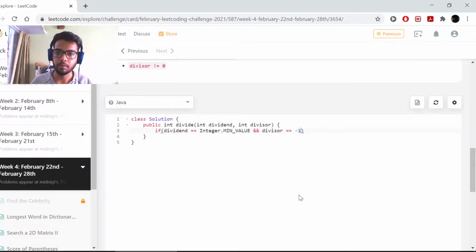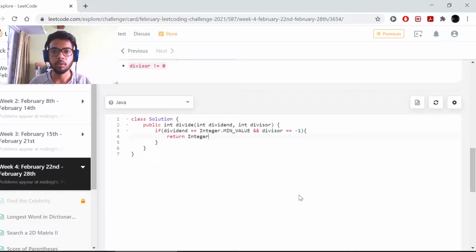If that happens, I will have a positive 2 raised to the power 31, and that is out of range, so I need to return, sorry for that, my maximum possible value for that integer. Done. Now let's think about the division part.